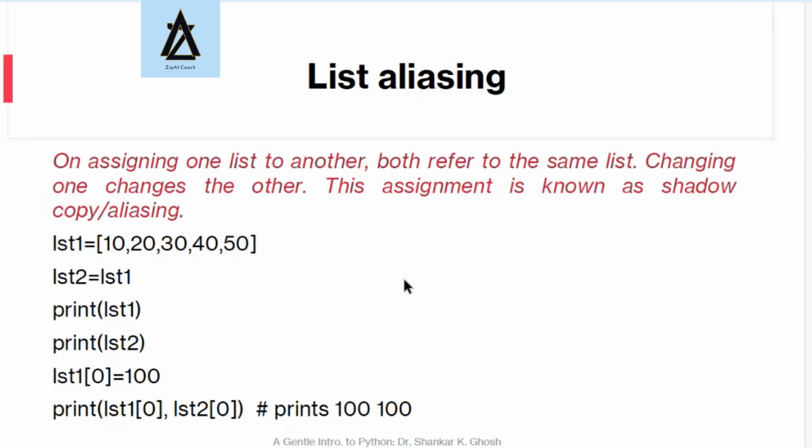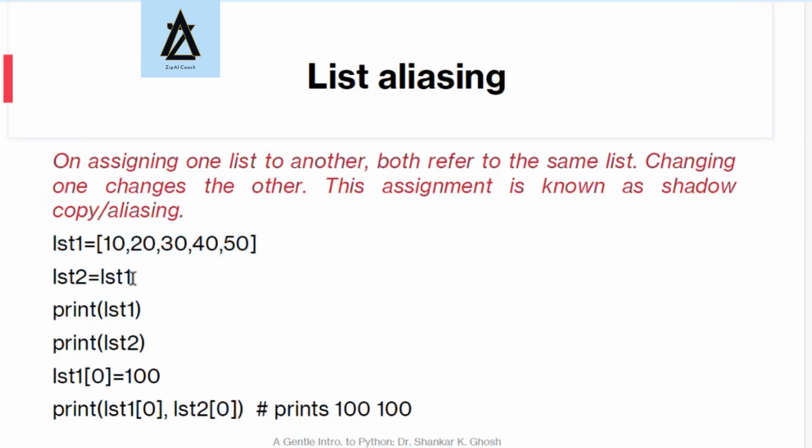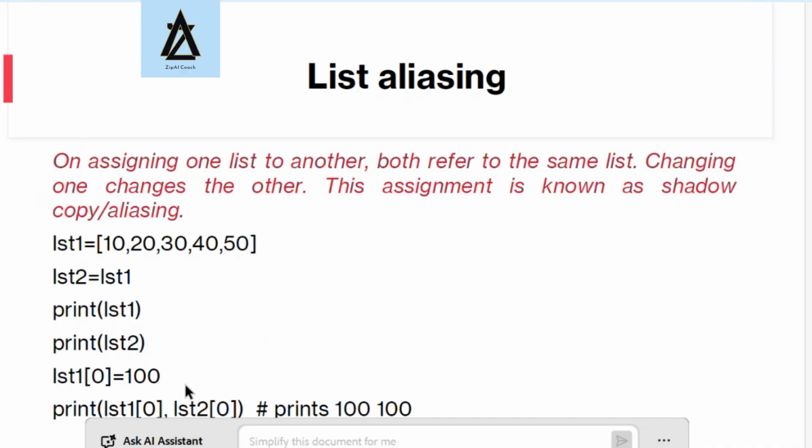Then list aliasing. On assigning one list to another, both refer to the same list. Changing one changes the other. This assignment is known as shallow copy or aliasing. For example, first we define list1, then we assign list1 to list2. Then we print both of them and see that both print the same.